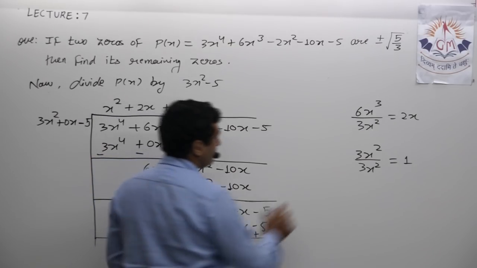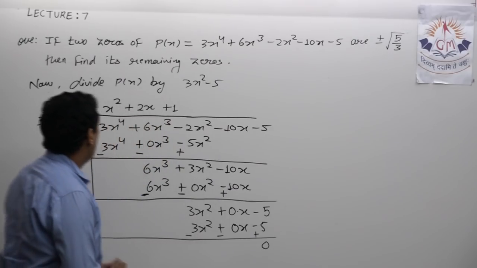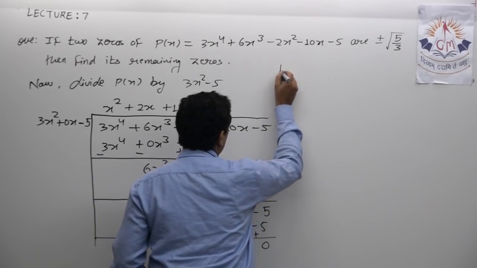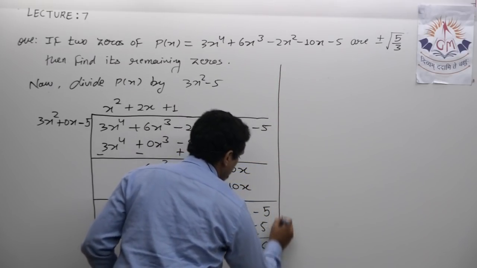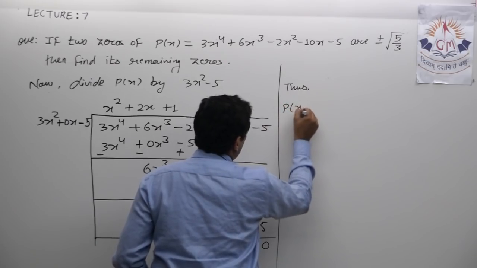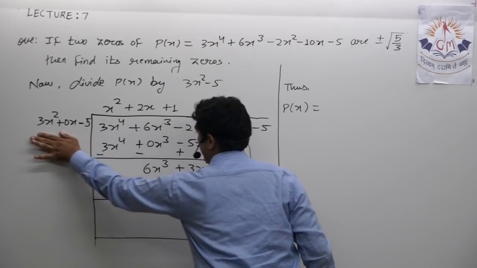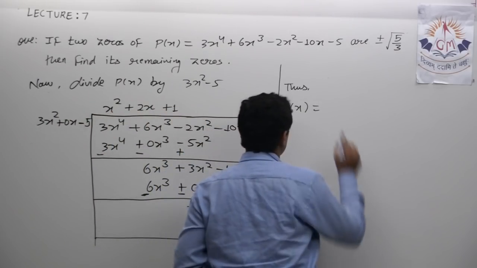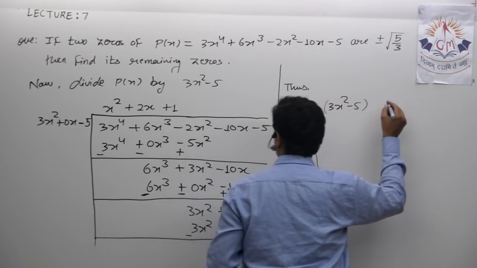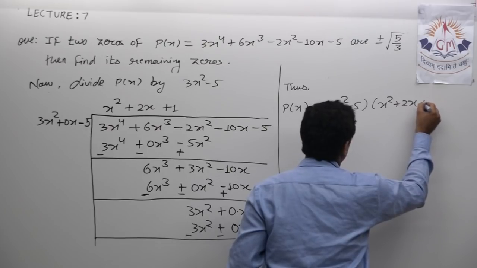Okay, so here I got remainder as 0. Now what next? I can say this p(x) is equal to this divisor multiplied by this quotient, that is 3x square minus 5 multiplied by x square plus 2x plus 1.